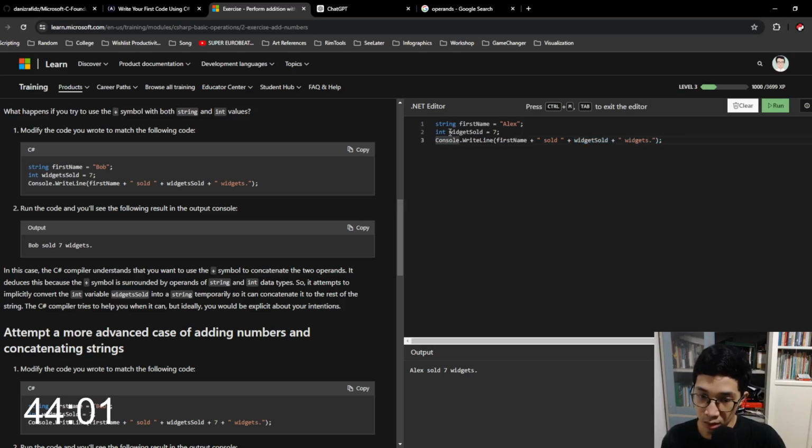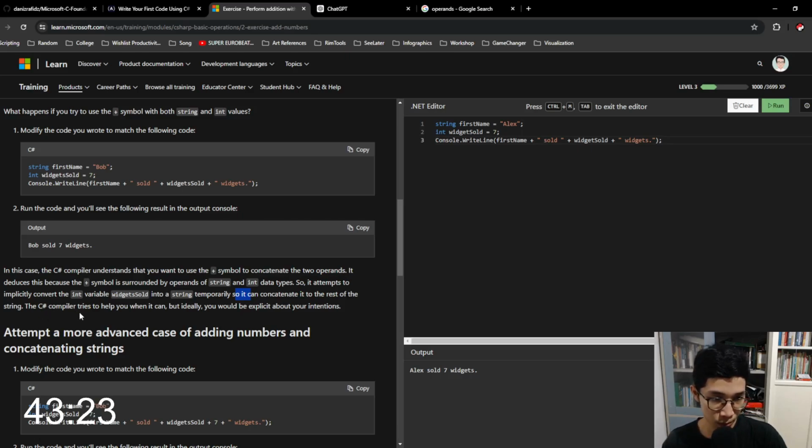This widget sold is converted automatically to string because the operator here is not about addition, but you mixed it with the string, so that's why it becomes concatenation. It converts it temporarily so it can concatenate it to the rest of the string.